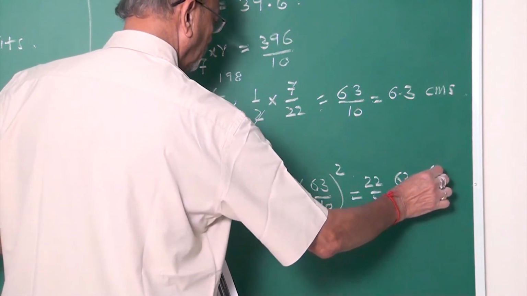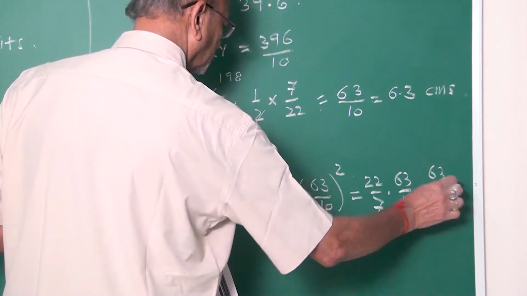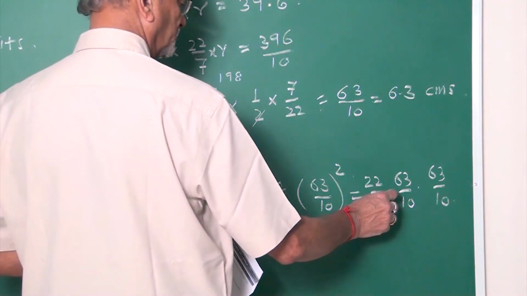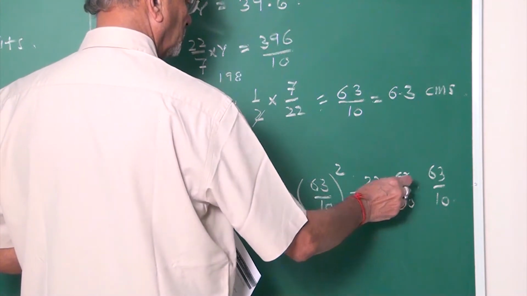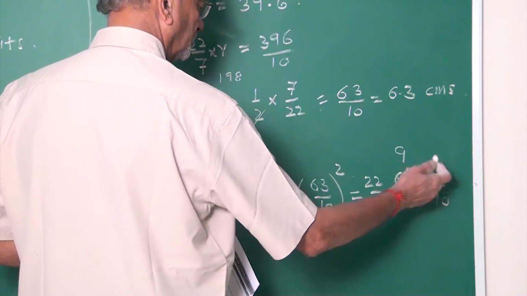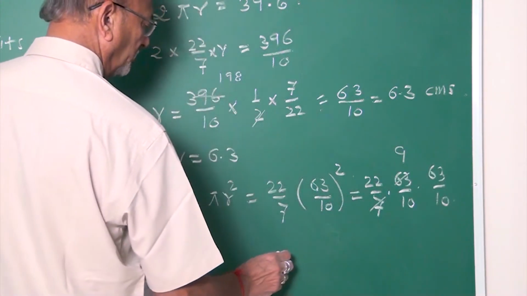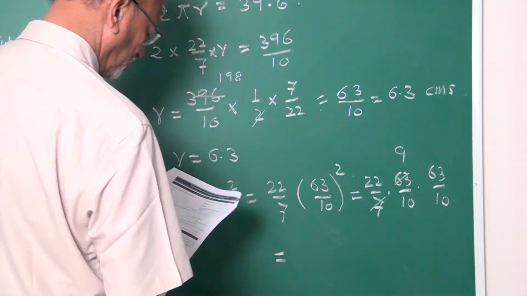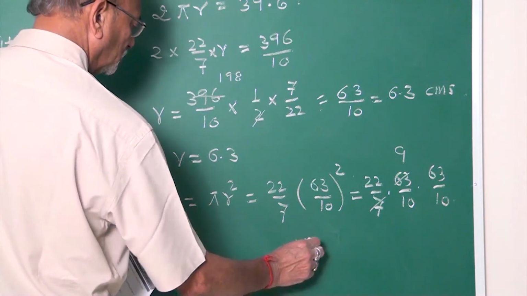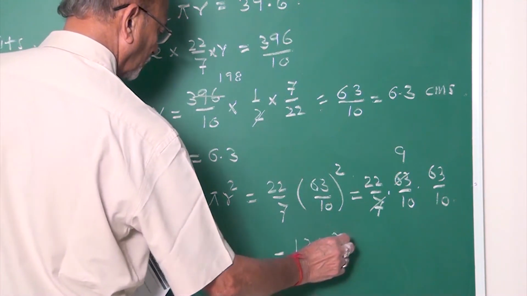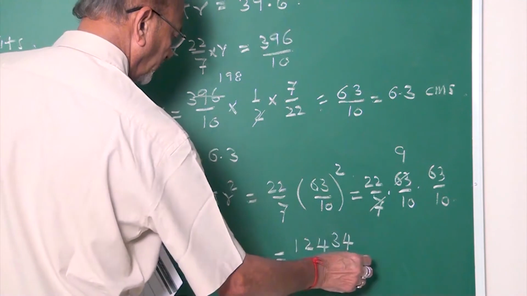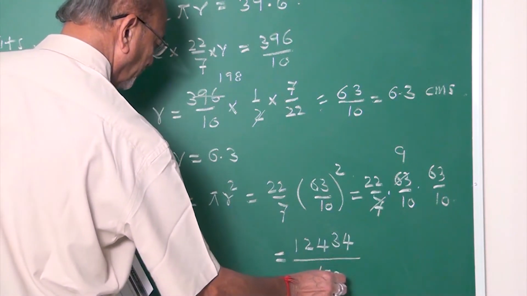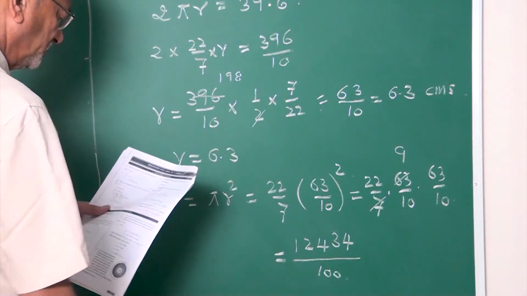63 upon 10 into 63 upon 10. Yes, what is this? 7 cancels with 9. If you multiply all these, my friends, you get this equal to 1, 2, 4, 7, 4 upon 10 into 10, which is 100.